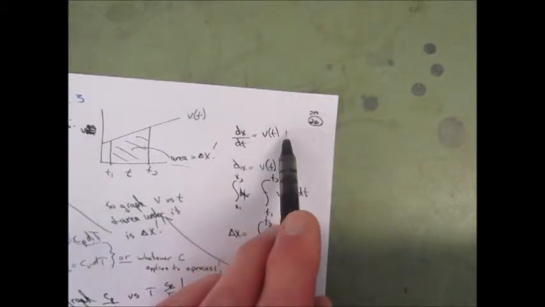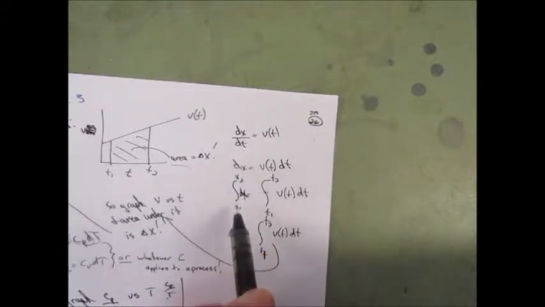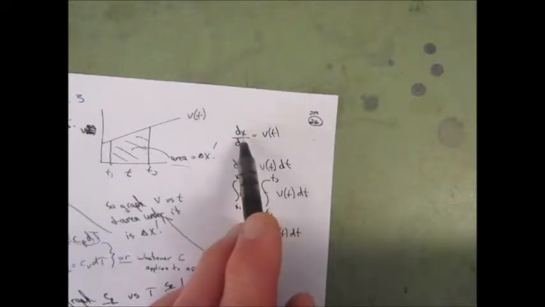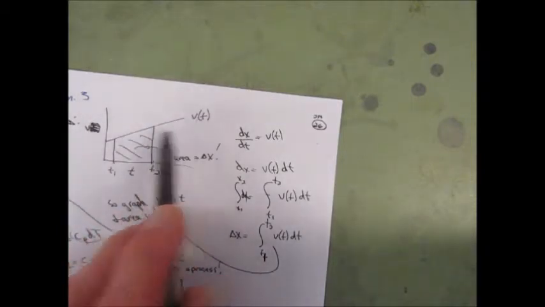So we could bring the dt over here, and when you integrate this, velocity will be the slope of a distance time graph, but when you have velocity as a function of time, which means velocity on the y-axis versus time, you get the equation of that line.